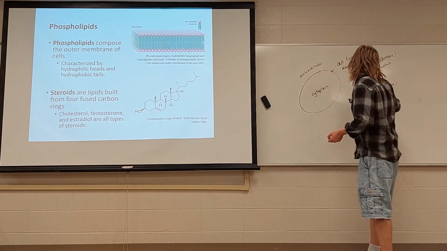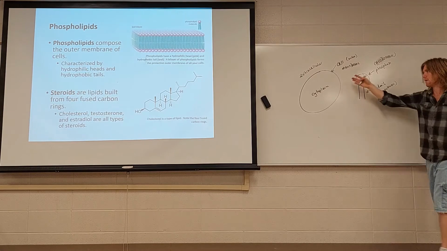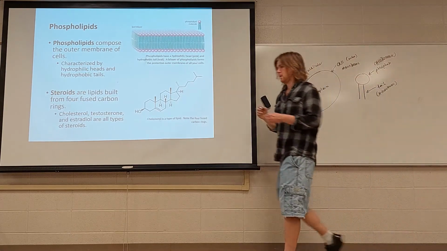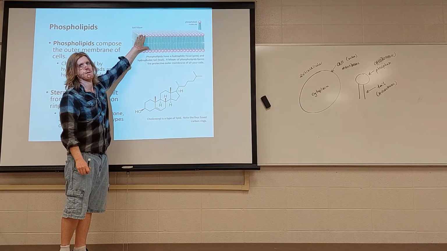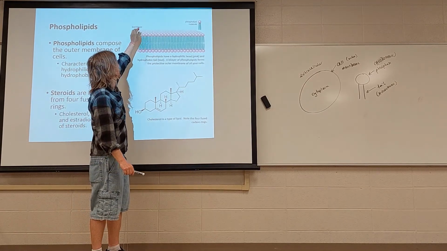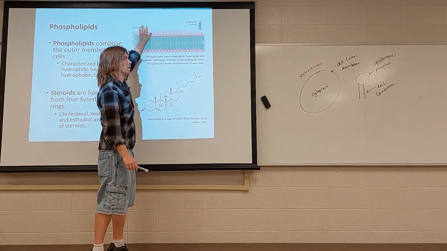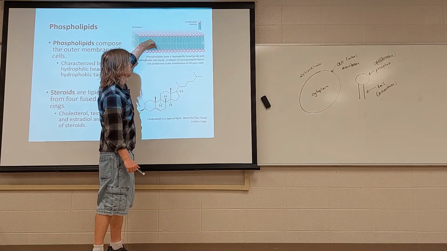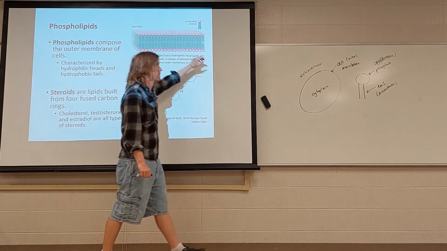So in order to not expose this poor hydrophobic tail to either direction, phospholipids make a double membrane so that the hydrophilic head is facing both out of the cell and into the cell. These pink hydrophilic heads are happy.